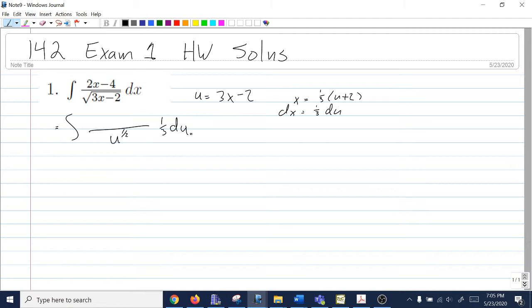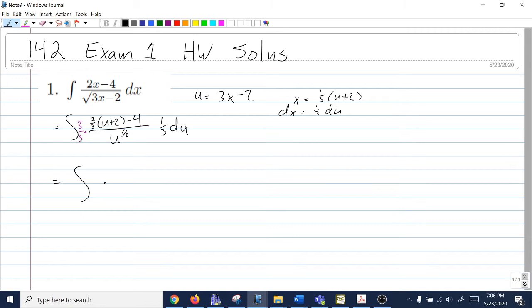2x minus 4 becomes 2/3 u plus 2 minus 4. I got fractions inside fractions. I like doing the multiply the top and bottom by 3/3 trick so that I don't have fractions inside of fractions anymore.